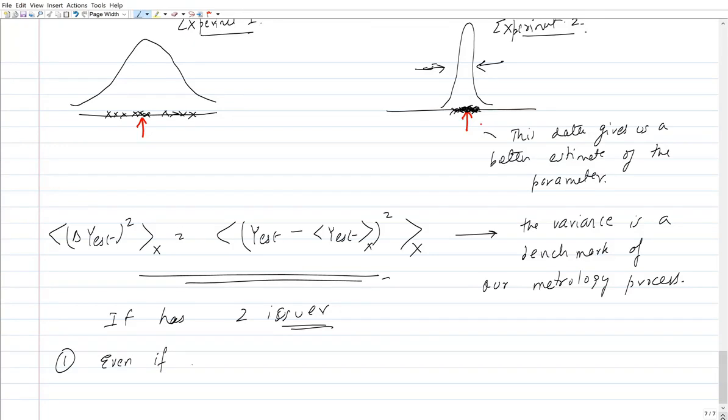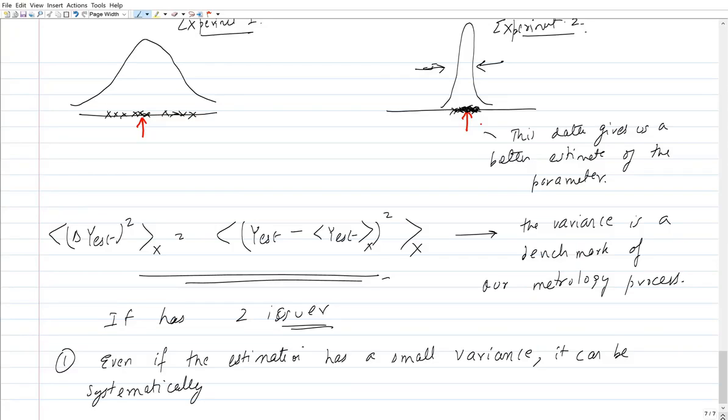Even if the estimation has a small variance, it can be systematically biased away from the true parameter.